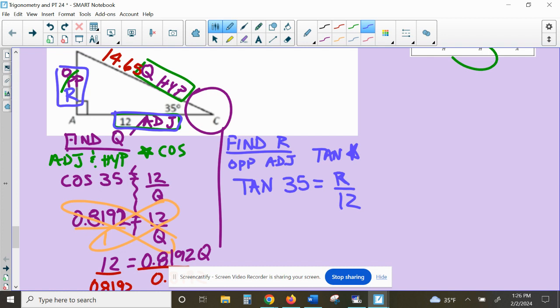Did you guys use the second button when you did tangent 35, or just the regular button? Regular button, right?